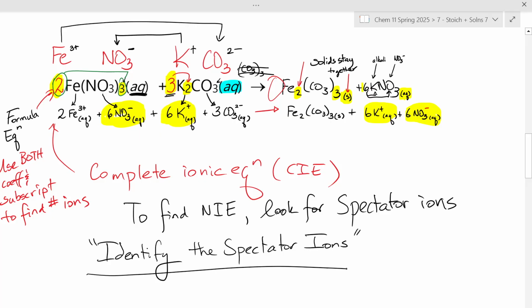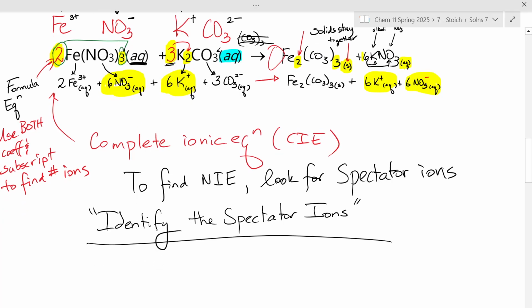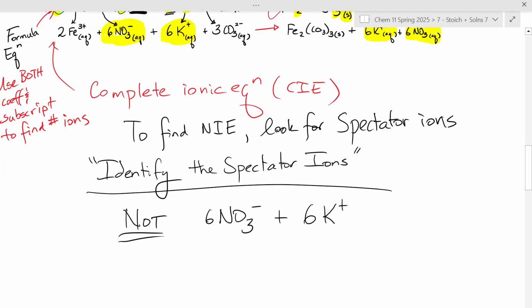And I do not want you to write this: 6 NO3 plus 6 K plus. There are two things I don't want there.